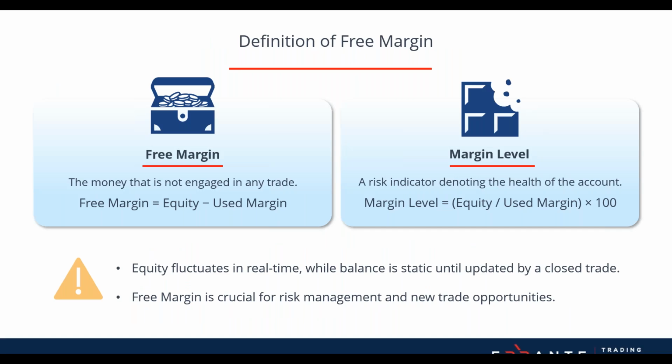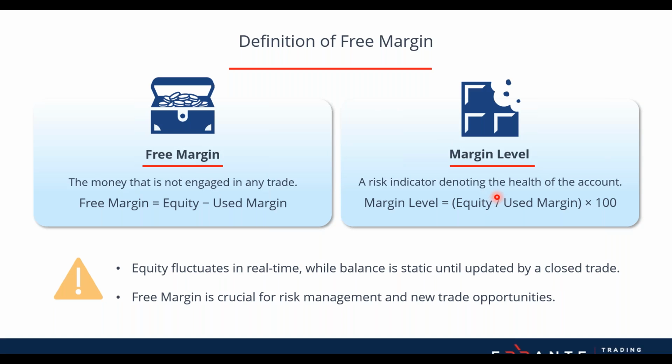Equity and balance are essential, but what about the funds you have available for new trades? That's where free margin and margin level come into play. Free margin is essentially the money not engaged in any trade. Calculated as equity minus used margin, it's your financial cushion for new trading opportunities. And margin level, on the other hand, is a risk indicator that compares your equity to the used margin.